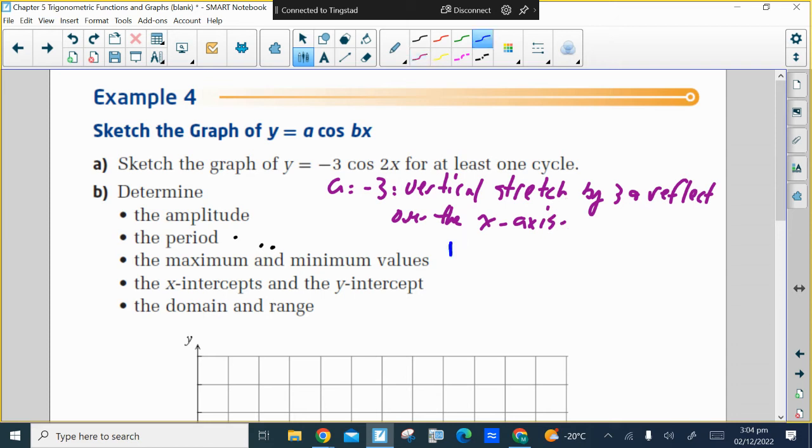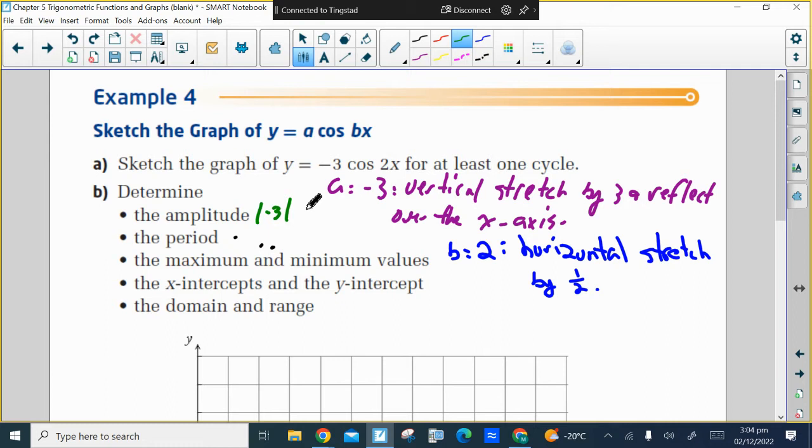Then we have a b value of +2. That's going to cause a horizontal stretch by half. Our amplitude, remember, is the absolute value of a, and the absolute value of -3 is 3.